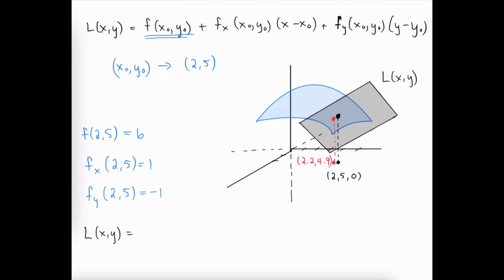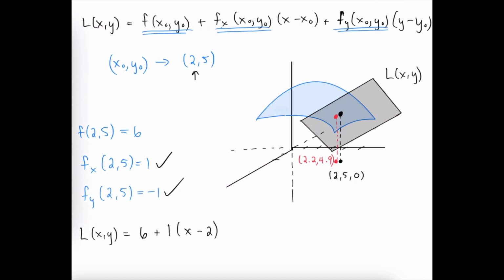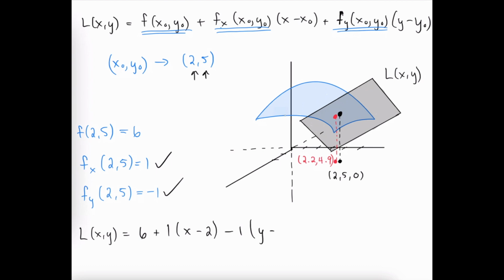The surface function evaluated at the original domain element is 6, plus the first partial with respect to x of the original domain element, which is +1, and that's going to be then multiplied by x minus x naught. Well, x naught is 2, and then to that we'll add the first partial with respect to y evaluated at the domain element, which is -1. So adding a -1, we'll say -1 times y minus y naught. The y coordinate of the original domain element is 5.